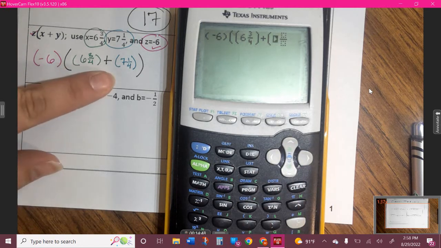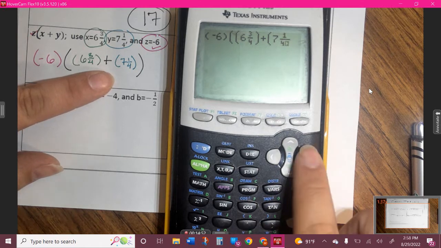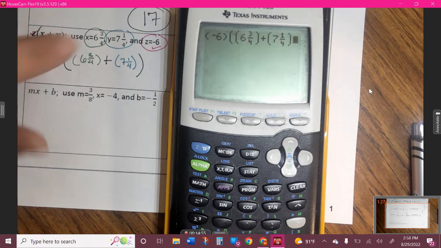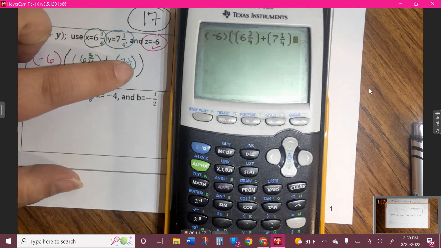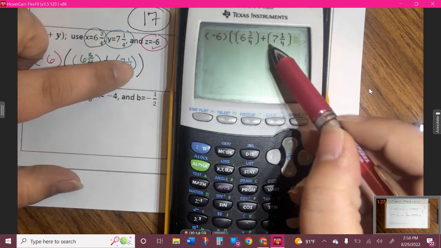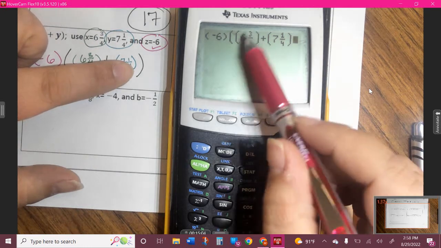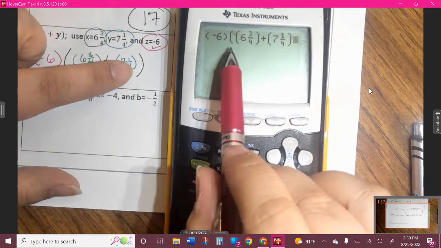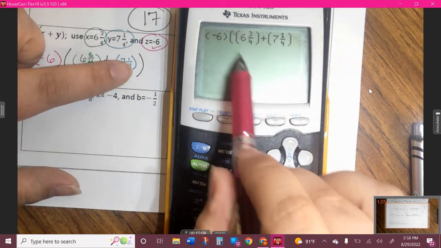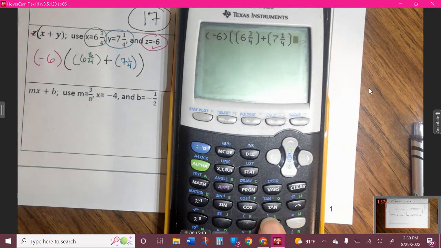And now we've got 7 as the whole number, 1 in the numerator, 4 in the denominator. Close parentheses. That's the closed parentheses on the 7 1/4. I've got the parentheses for the 6 3/4, but I don't have a closed parenthesis for the last thing. You're going to have to type in that last set of parentheses, so make sure you have an even number of parentheses at the end.